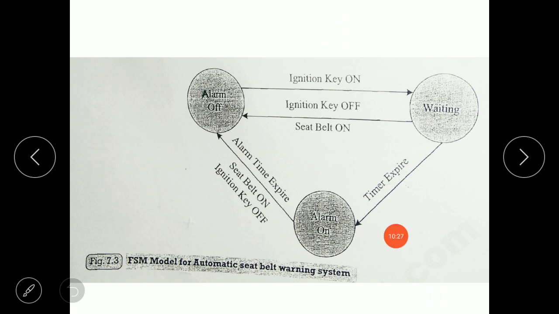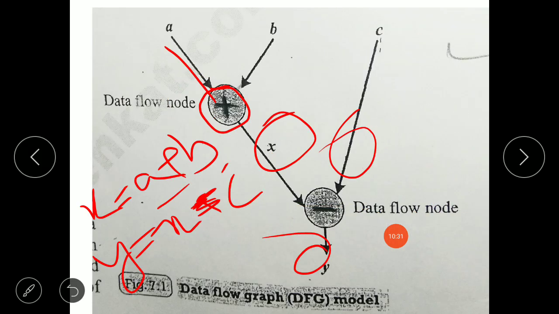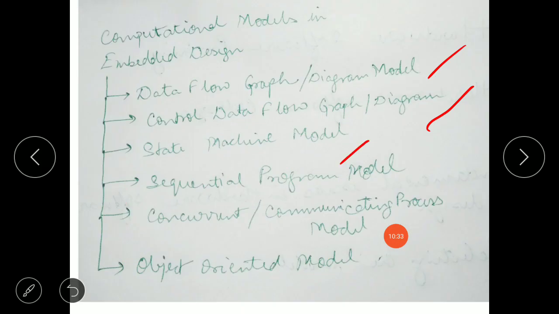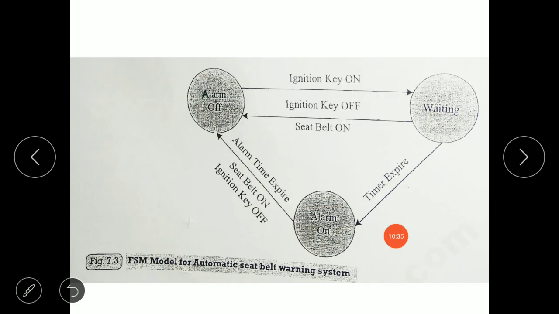Next is the state machine model. It is used for modeling reactive or event driven embedded systems whose processing behavior depends on state transitions.